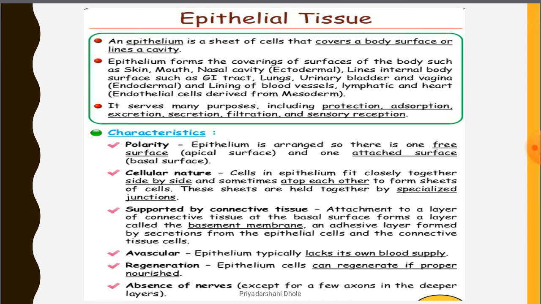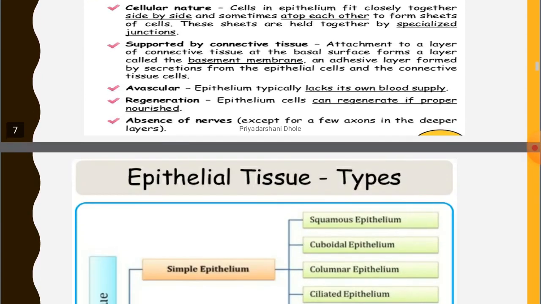Then avascular: epithelium typically lacks its own blood supply, therefore it is called avascular. Then regeneration: epithelial cells can regenerate if properly nourished, and there is an absence of nerves except for a few axons in the deeper layer. This is the epithelial tissue.